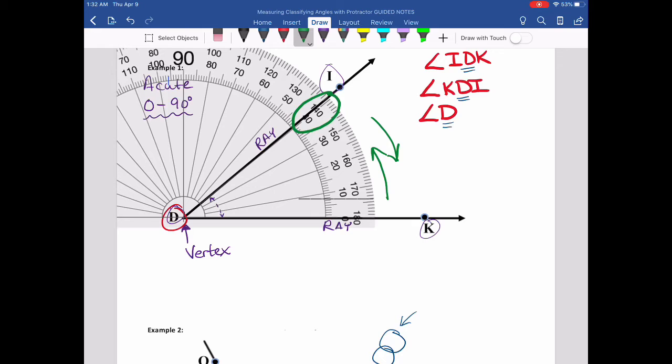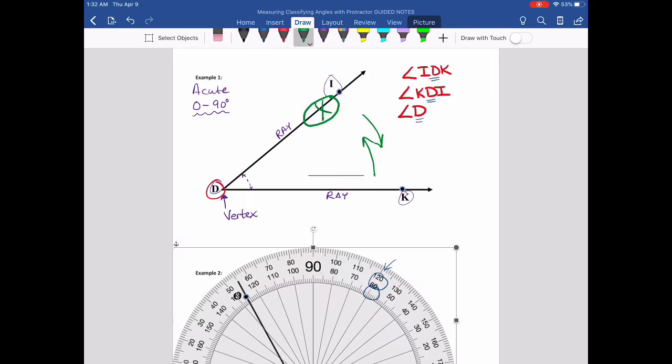In this case, 40 is probably the number that I'm going to use, not 140, because 140 would indicate it was obtuse. We can automatically cancel that out. It looks like almost 41, but I'm just going to go with 40 because it's pretty close to that. And then I'm going to write that down as my answer.